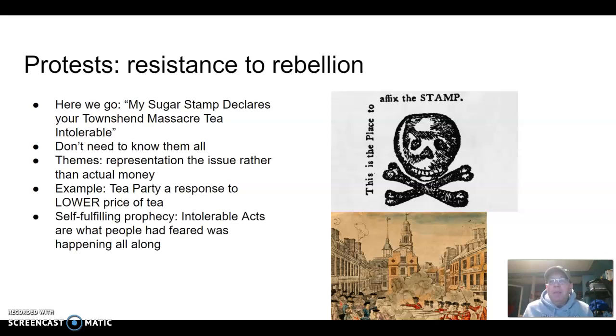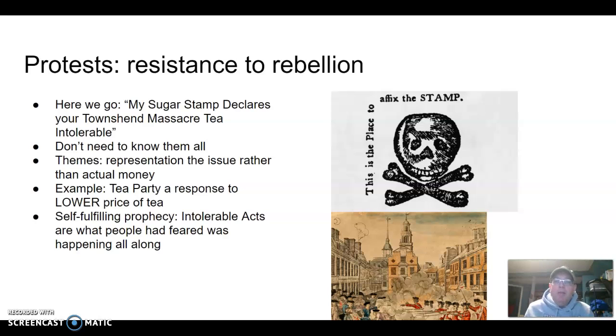The other is that by the end of this period, the Intolerable Acts are in 1774. The Stamp Act is 1765. At the Stamp Act, people are saying, oh, we might be enslaved and the British are going to take our rights. And you could say, well, it's only a penny tax.